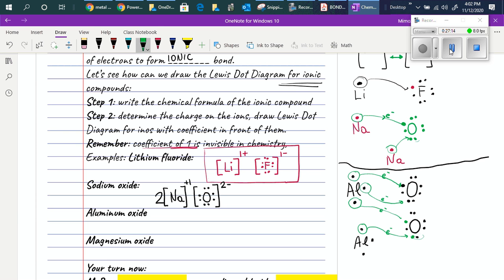But see what we have now. So we have oxygen, both oxygens have a valence shell completed, but we have 2 electrons of aluminum that are not completed.